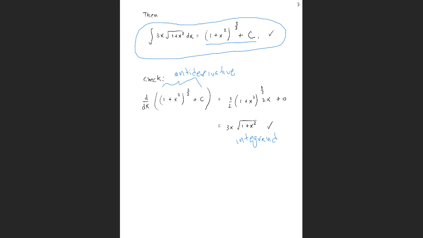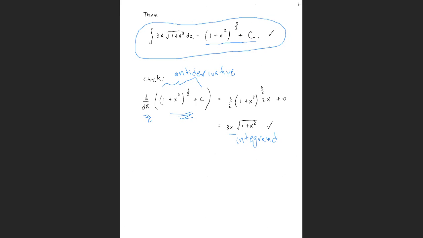If I have the right antiderivative, the derivative of my antiderivative should give me the integrand, because they're inverse processes in a sense. I'm just asking why there's no dx at the bottom. Well, you're not doing an integral.